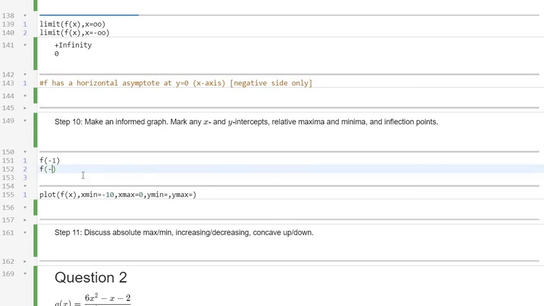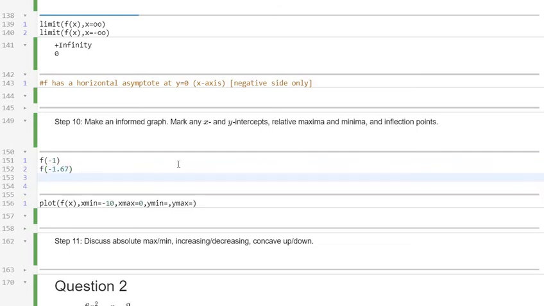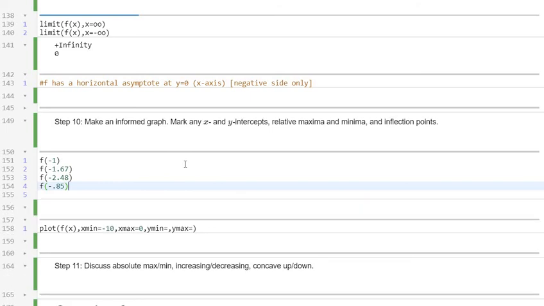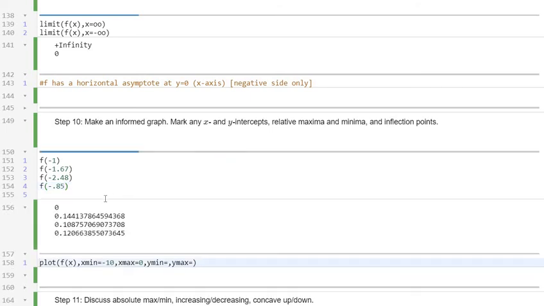I bet if I put 5/3 there, it's going to give me an exact value, and I don't want that. So let's go ahead and convert that to decimal. And here's my inflection points. Minus 0.85. And then of course there's negative 1, which we already have. So I guess that's all we really need. And you can see that these y values are very small. So if you try to just plot this on the default window, you wouldn't see a whole lot because it would happen in a very small range.